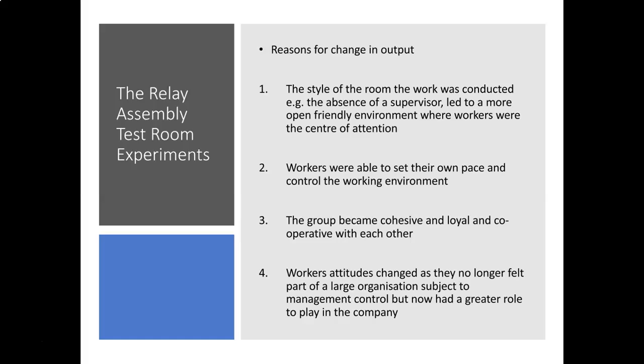Number 2, workers were able to set their own pace and control the working environment. Reason number 3, the group became cohesive, loyal, and cooperative with each other. Reason number 4, workers' attitudes changed as they no longer felt part of a large organization subject to management control, but now had a greater role to play in the company.